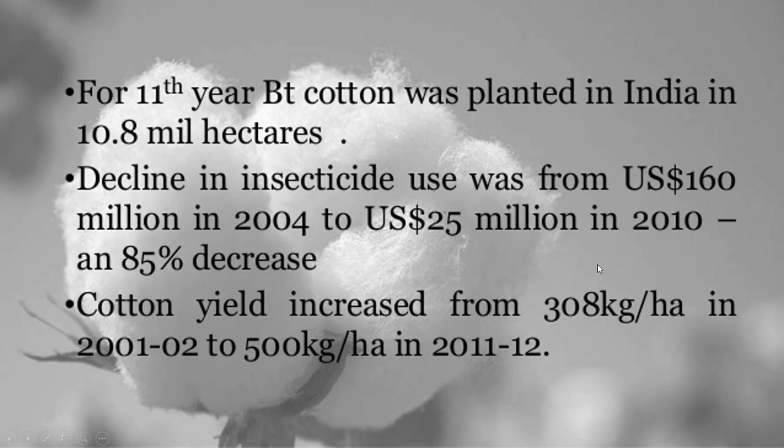Basically, it became cheaper for farmers to grow Bt cotton in India because they were spending less on chemical pesticide.